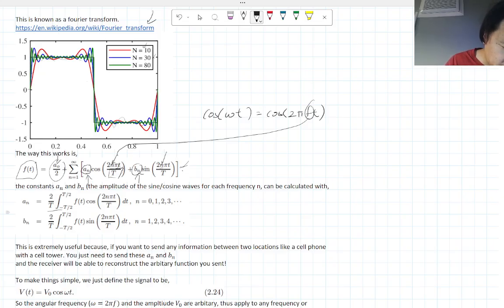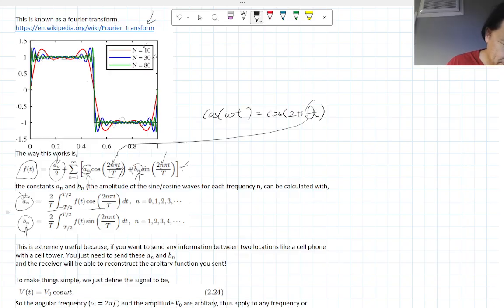And these can be calculated using this equation here, where you're just integrating from negative half the period to positive half the period for any n. And then you can calculate these A's and B's. And this is the information that we're sending back and forth between the Wi-Fi router, my cell phone, your digital TV, and all that stuff.